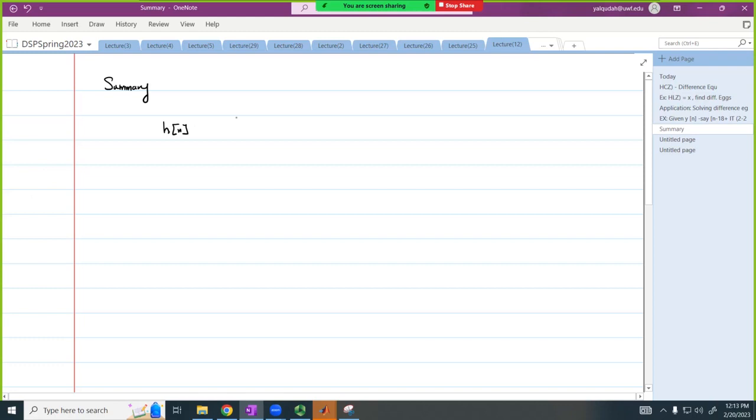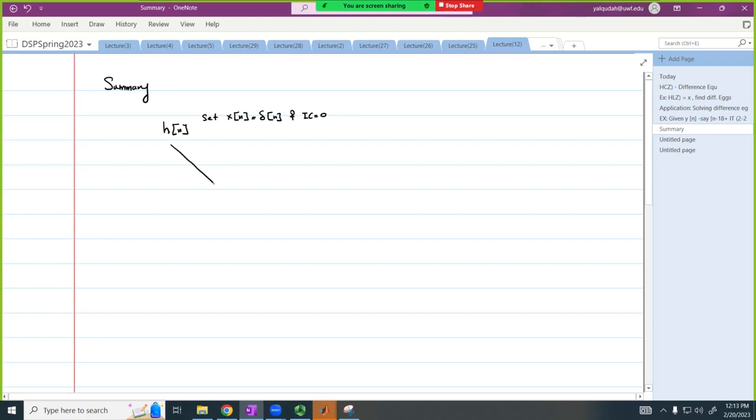And this h of n is the output when x of n is equal to delta of n and initial conditions are equal to 0. The output of the system is h of n.